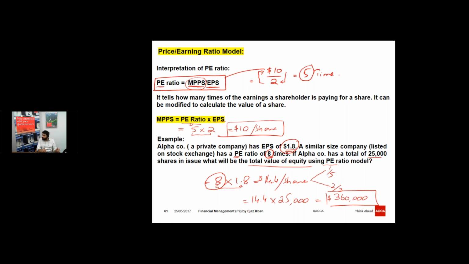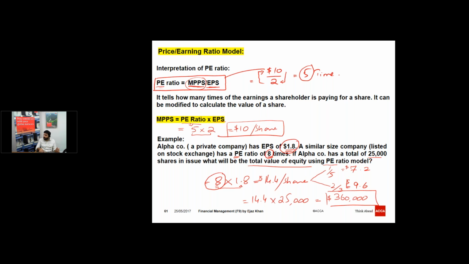So if we make it half of 14.4, how much will it be? 7.2. And what will be 2/3 of it? 14.4 into 2 divided by 3. It's $9.6.